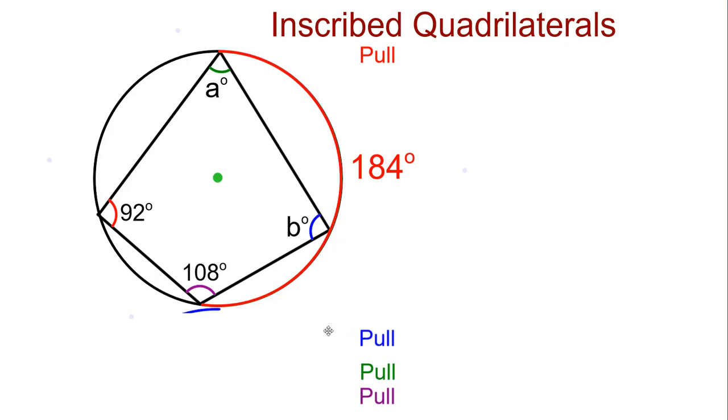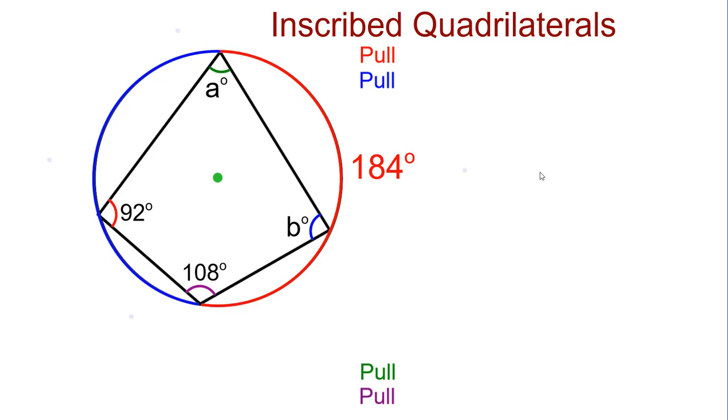So I'm going to draw the arc that's related to B, the inscribed angle B. And just from color coding this, you can probably very clearly see what's going on, right? So if this is 92, how is B going to be related to 92? Well, the better question, it's even more clear to ask, is how is 184 related to the blue arc? Well, you can probably clearly see that the sum of the blue arc and the red arc are going to be 360 degrees.